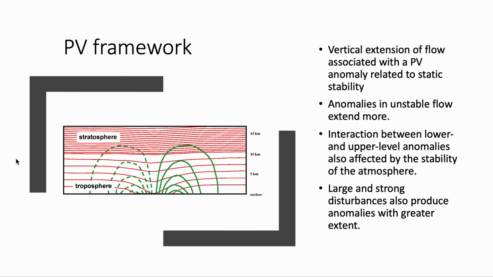And notice that this causes a tilting of the isentropes over here, and it causes cyclonic vorticity, cyclonic PV, a region of cyclonic PV over here.